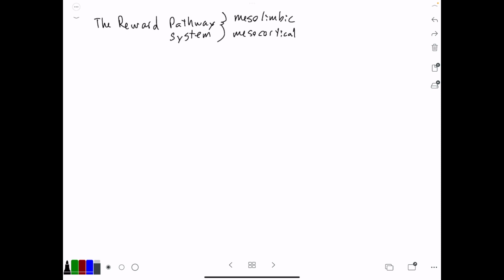The mesolimbic and mesocortical dopamine pathways. I just want to make that clear. I know I've said that a bunch of times and it's maybe obvious, but I want to reiterate that this reward system in our brain is a combination of these two dopaminergic pathways.